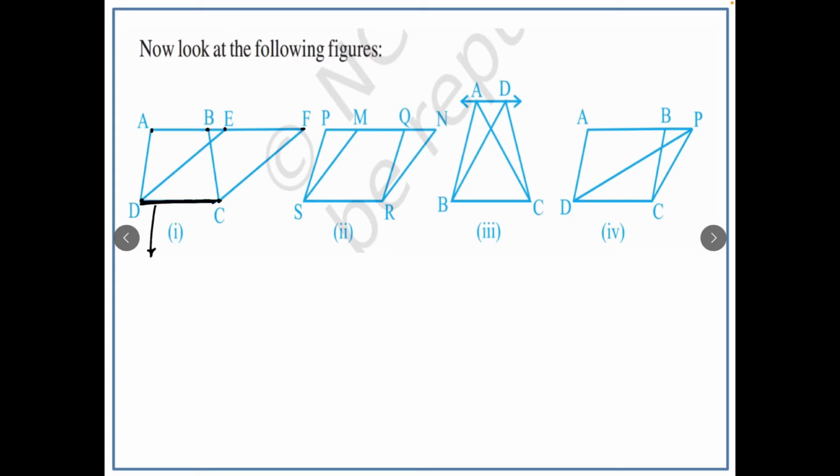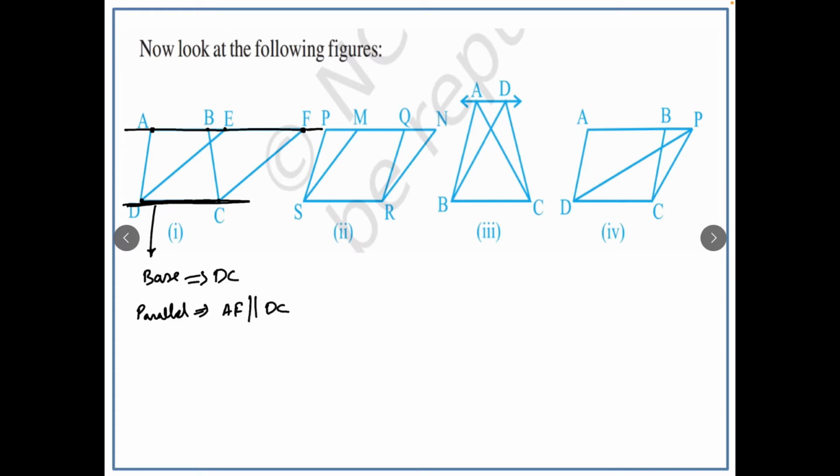While if you extend these lines, they are lying between the same parallel lines. Always while you write parallel lines you will mention only the end points. So the first parallel line is AF, which is parallel to DC.